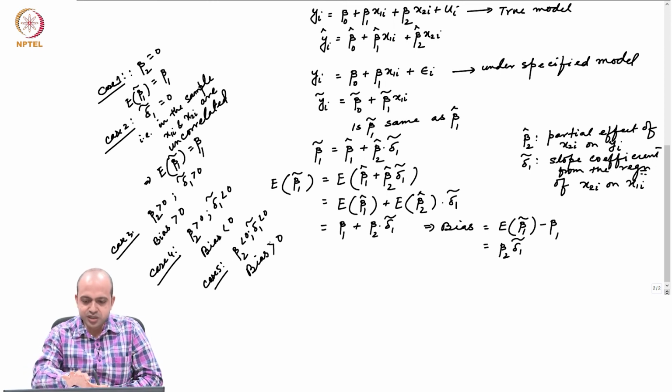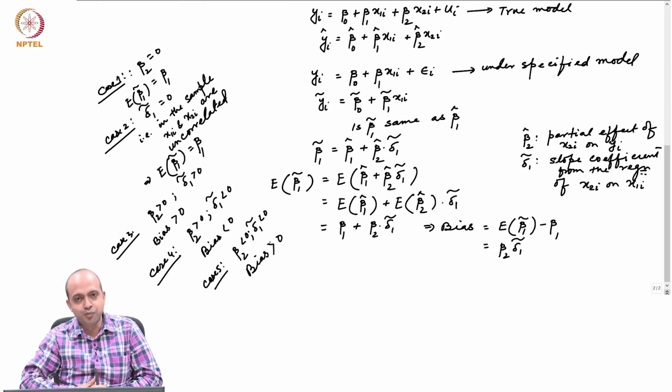So this example nicely explains the importance of omitted variable bias, and that is how they justify the need for a multiple linear regression model even when our research interest is only on a particular variable. This is how we can understand the multiple linear regression model.